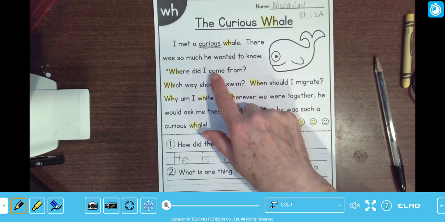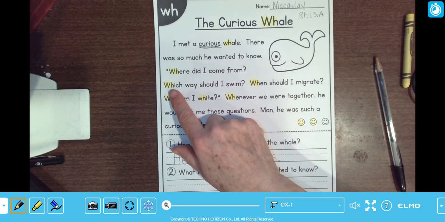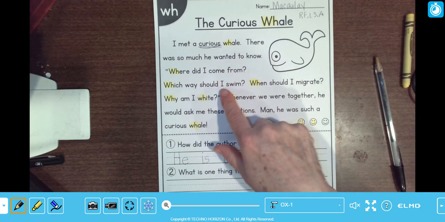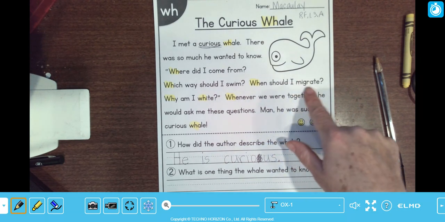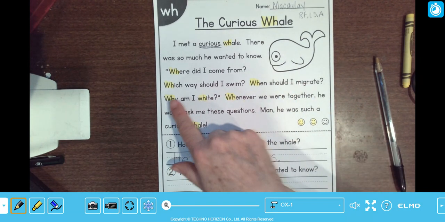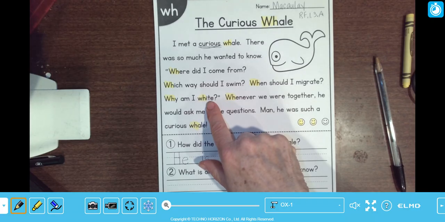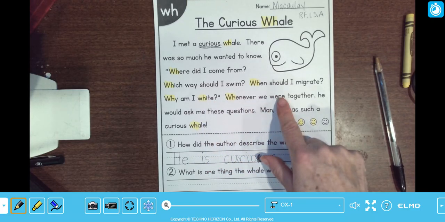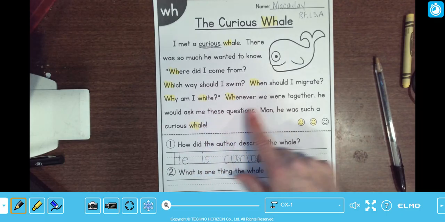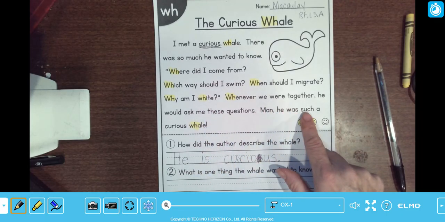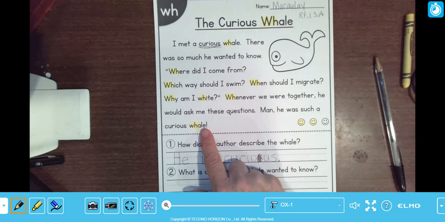Where did I come from? Which way should I swim? When should I migrate? Why am I white? Whenever we were together, he would ask me these questions. Man, he was such a curious whale.